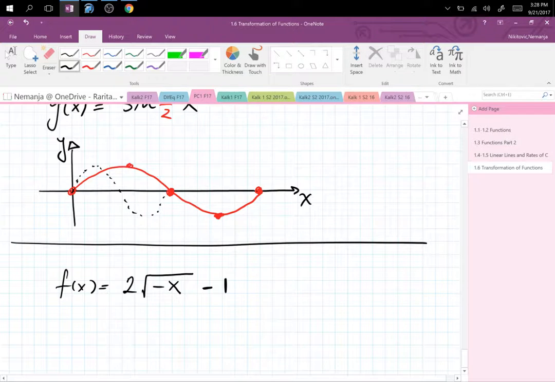So how many transformations do you see? 3. What are they? Anyone? Vertical stretch, okay. So times 2. We're going to make it taller. Great. What else? 1 down. Good. And?